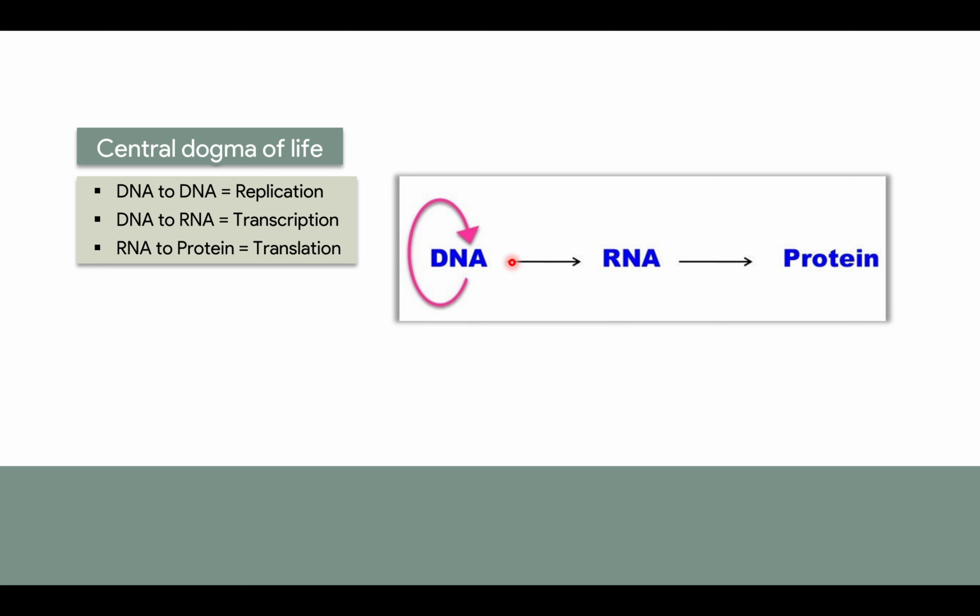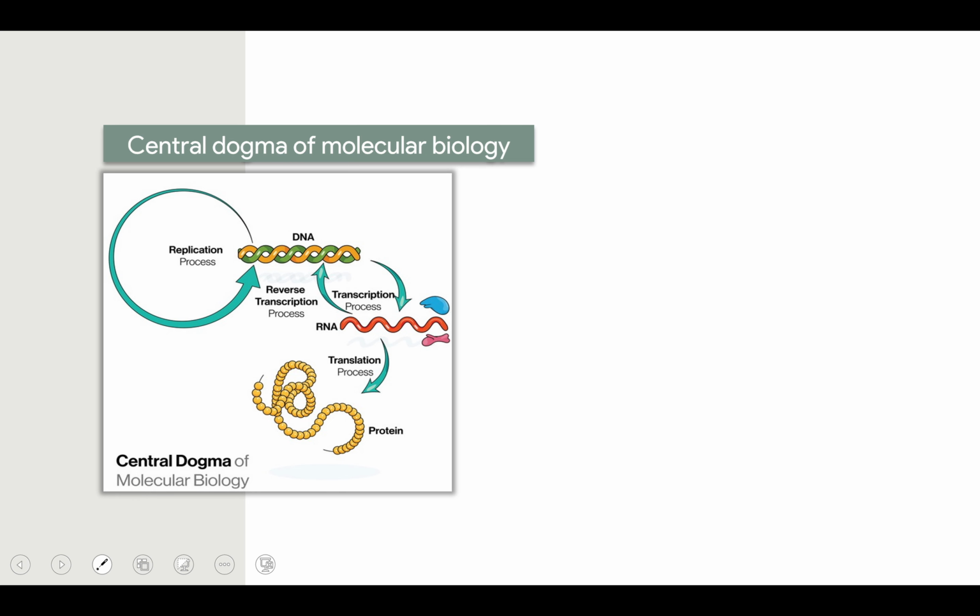When RNA is formed from DNA, it's called transcription, whereas when protein is formed from RNA, it is called translation. Now look at this diagram. DNA to DNA is replication, DNA to RNA is transcription, and RNA to protein is translation, whereas RNA to DNA is called reverse transcription.